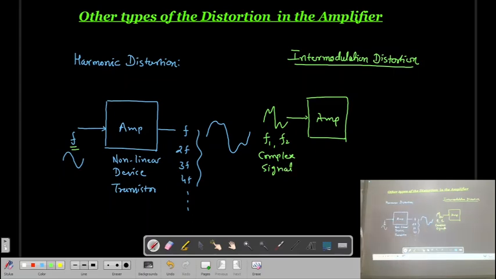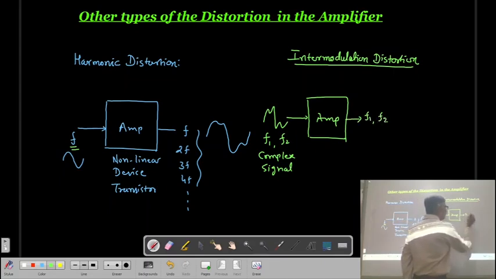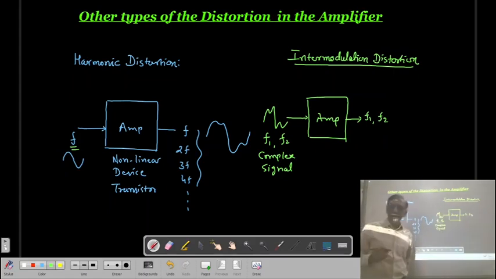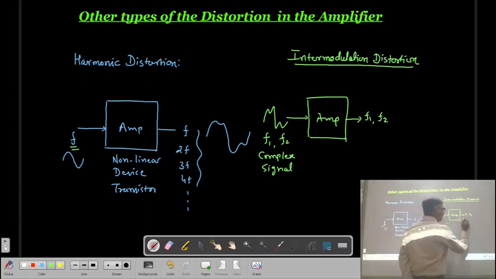Now, when this signal is applied to the amplifier circuit, in the output you will get the frequency F1 as well as F2. But there will also be addition and subtraction of the frequencies. So you will get the frequency F1 plus F2 and F2 minus F1.